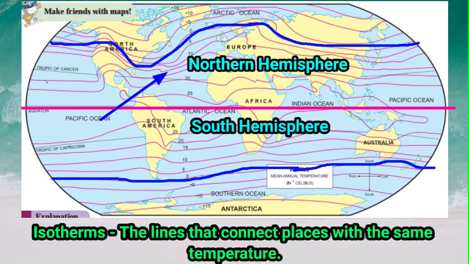In this hemisphere, the proportion of land is comparatively greater. This affects the distribution of temperature, and these effects are seen in the form of variation in the distance between the isotherms and the curved nature of these lines. So children, these are isotherm lines which are used for showing the distribution of temperature on the map.